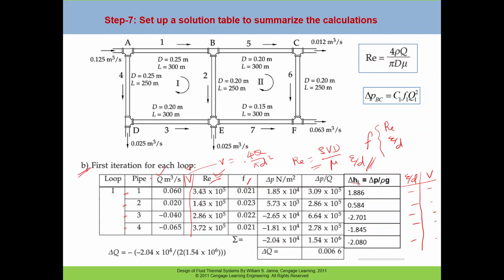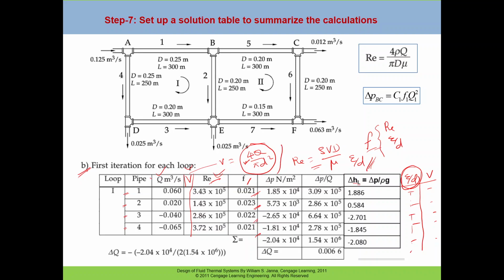We calculated the Reynolds number using this expression, and then the epsilon over d values, and using these we can find the friction factor in each line, for line number 1, 2, 3, and 4.